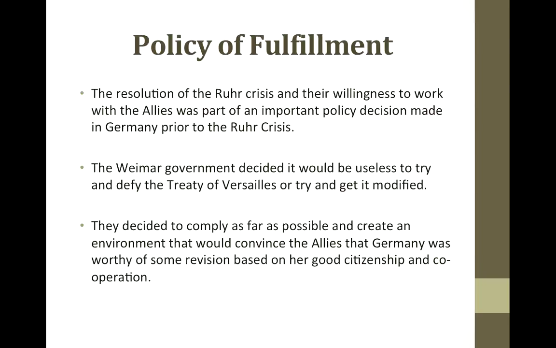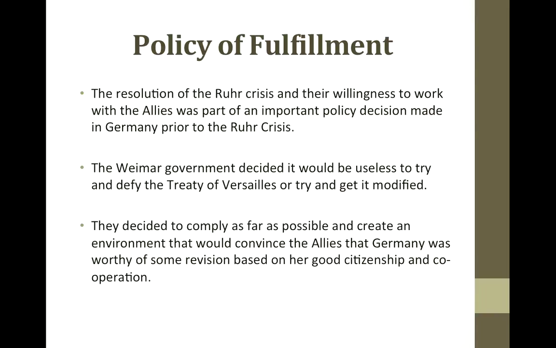And also during this time period, we see this policy of fulfillment. The resolution of the Ruhr crisis and their willingness to work with the Allies was part of an important policy decision that was made in Germany prior to the Ruhr crisis. All right. Now, the government decided that it would be useless to just outright defy the terms of the Treaty of Versailles or to try to get it modified.